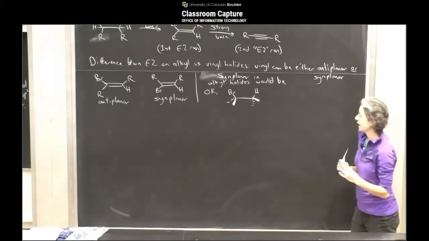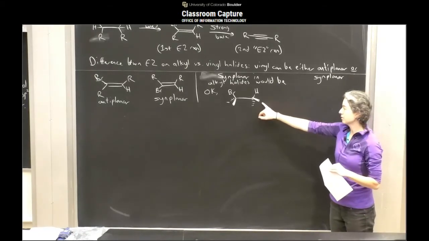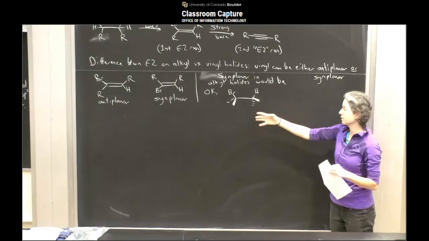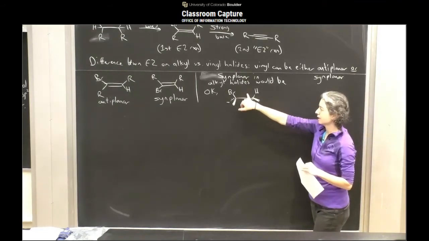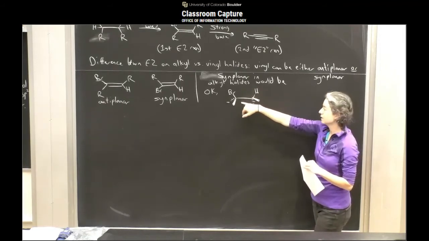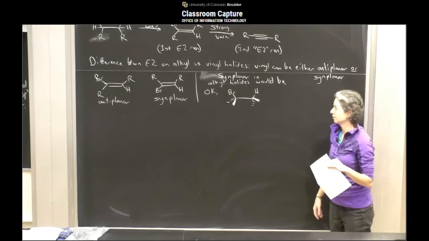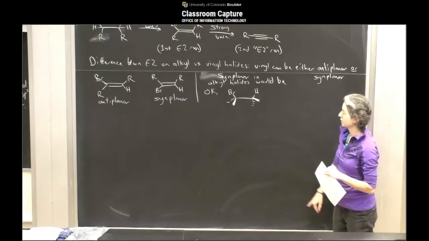The problem is that this is an eclipsed geometry, and so the molecule, since it's all single bonded, can just rotate out of that. So the molecule is never going to get lined up properly in synplanar for long enough for E2 to happen here. So even though E2 would happen, it's just not really a viable option. Antiplanar ends up being the way that E2 happens almost all the time.